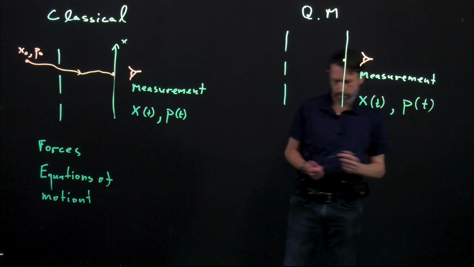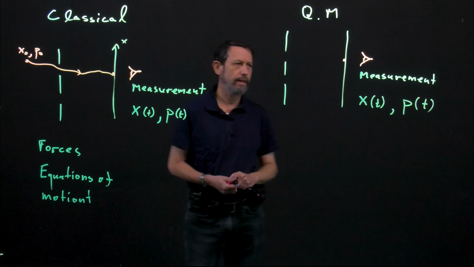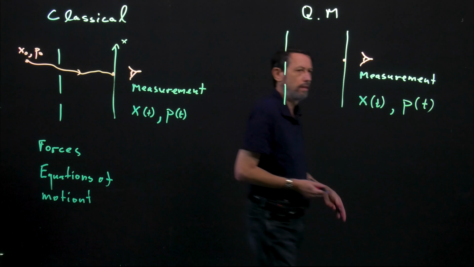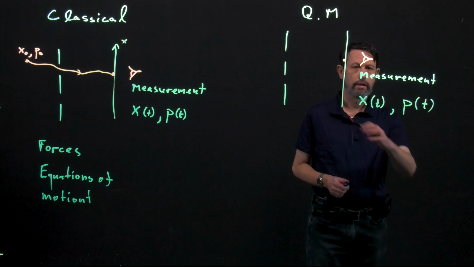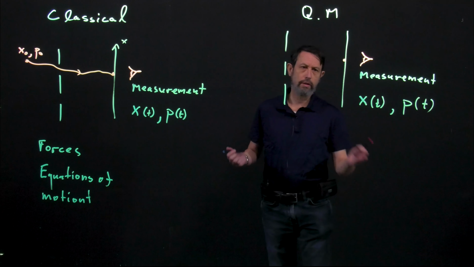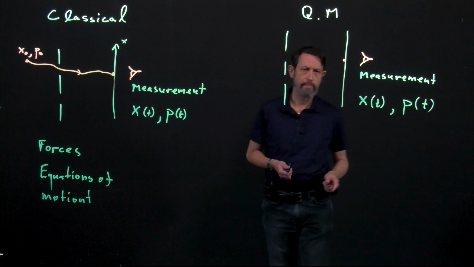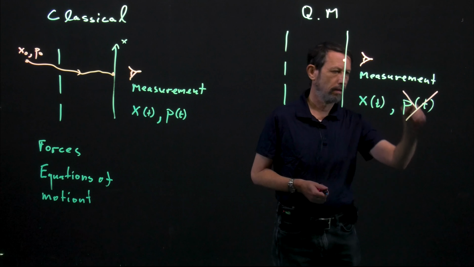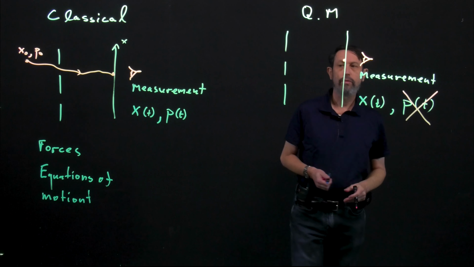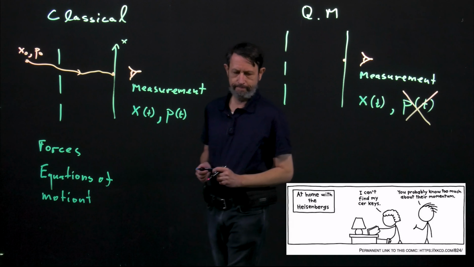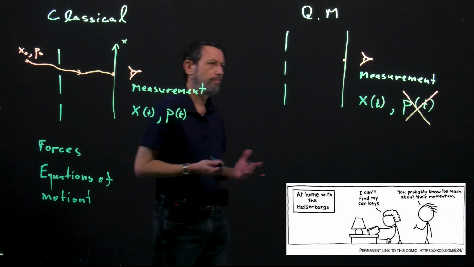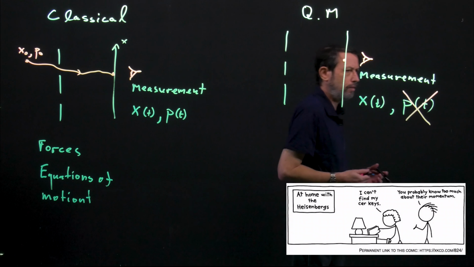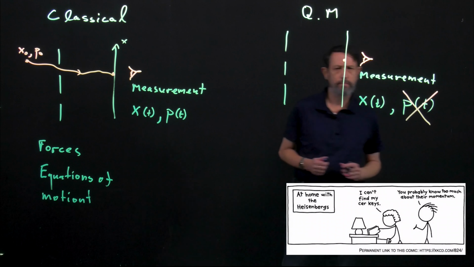First surprise that we have in quantum mechanics: we can't do it. We can say where the particle hit on the screen, but we know nothing about the momentum. This is Heisenberg's uncertainty principle.